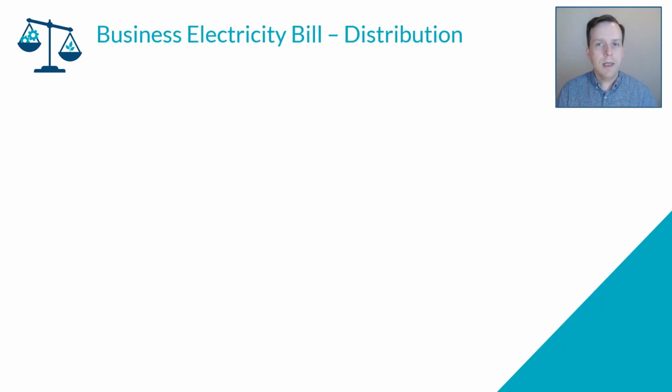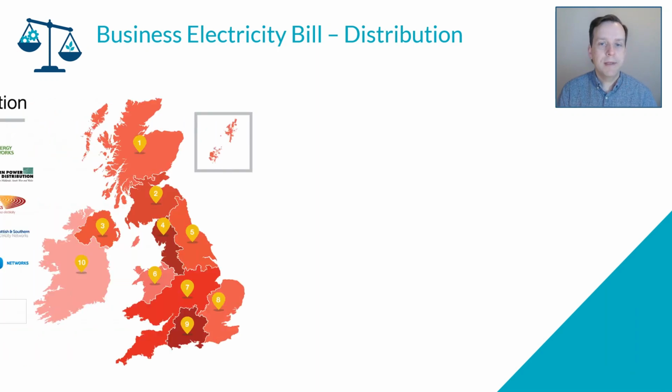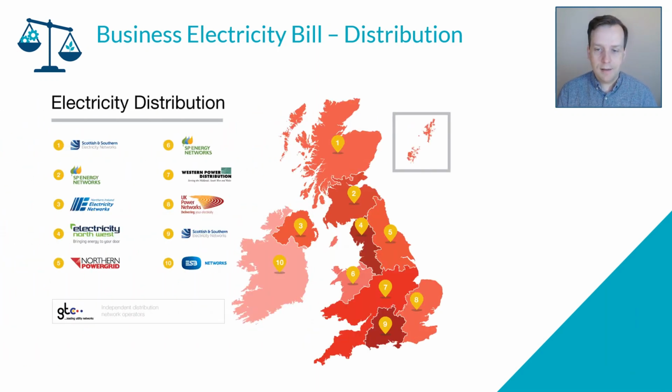So looking at the distribution, these are our actual distribution businesses in the UK. I thought I guessed 6, but maybe 6 in England. So this is England here, Scotland, Northern Ireland, and the Republic of Ireland.